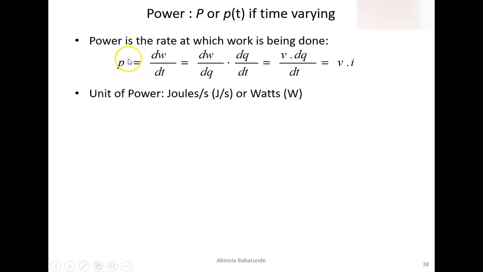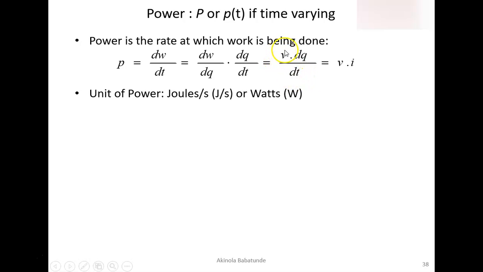So power is equal to dW dt, as you can see here. This can also be written as dW dq times dq dt. If you delete this dq and dq, because they will cancel out, you will have our dW dt back, because the identity of the dW dt is being kept when we cancel these two dqs. So since they are the same, we can then say this will be equal to v dq dt.